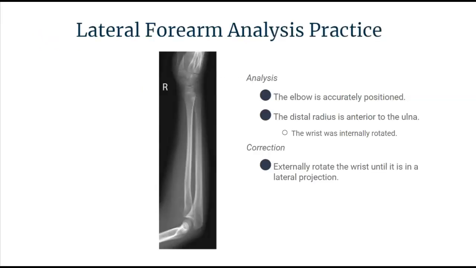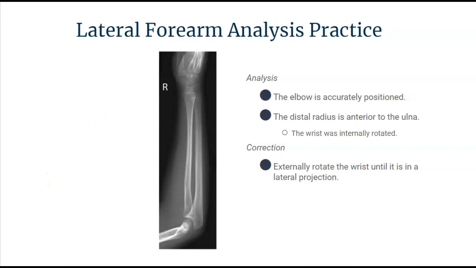So let's take a look at this image analysis for the lateral forearm. When you take a look at this image, we definitely could have gotten this arm a little bit more in a 90-degree position, but it is on the same horizontal plane due to the joint space of the elbow being adequately demonstrated.